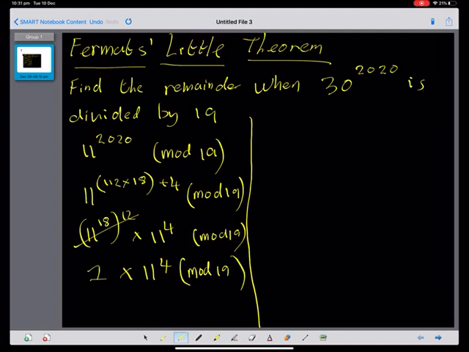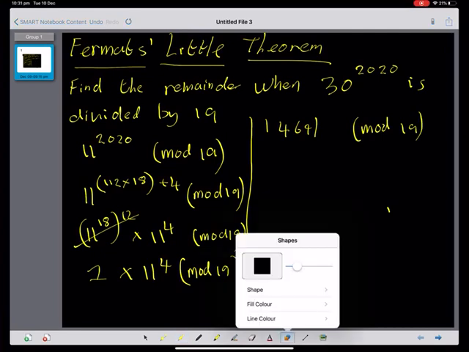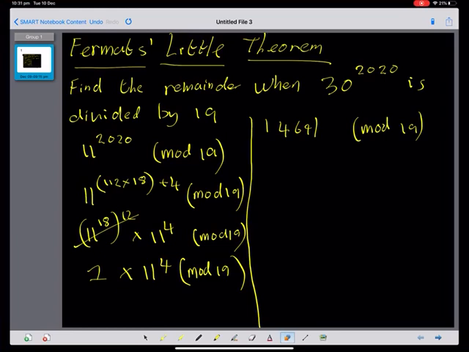11 to the 4 on your calculator is 14,641, and we're still in mod 19. Let's divide 14,641 by 19, and if you do that, you will find that the integer part is 770 times 19, and then we need to add 11 on to get back to 14,641.